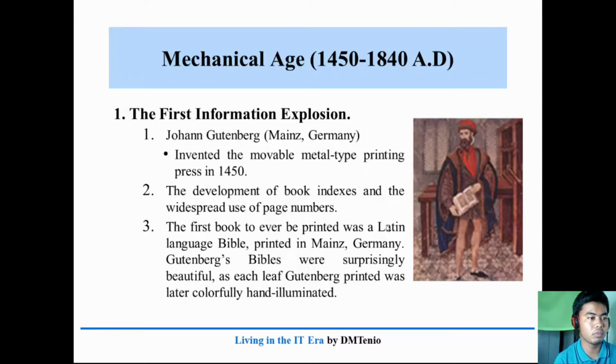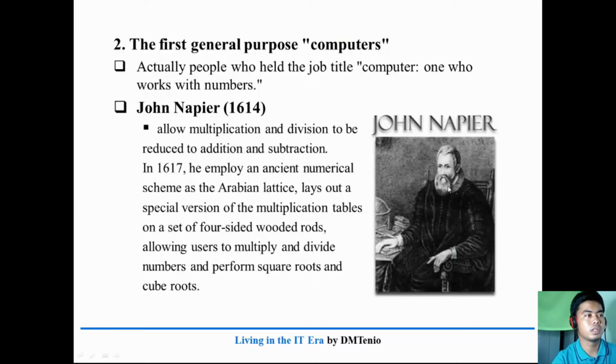The first book ever printed was a Latin language Bible printed in Mainz, Germany, invented by Gutenberg with his metal type printing press. Gutenberg's Bibles were surprisingly beautiful, as each leaf Gutenberg printed was later colorfully hand illuminated. So this is Gutenberg.